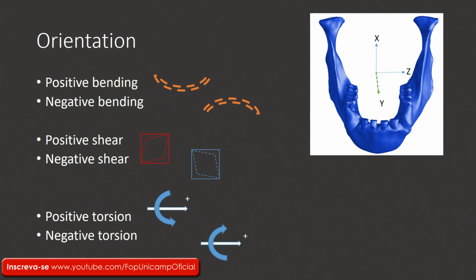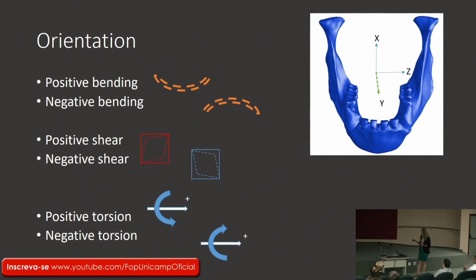I also want to describe these to you because we'll be talking about different types of bending, shear, and torsion. Positive bending results in superior concavity, and negative bending results in inferior concavity, so you can see that there. Positive shear means that the corner of the element closest to the coordinate axis gets smaller.